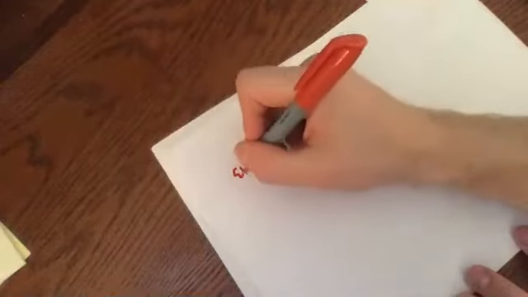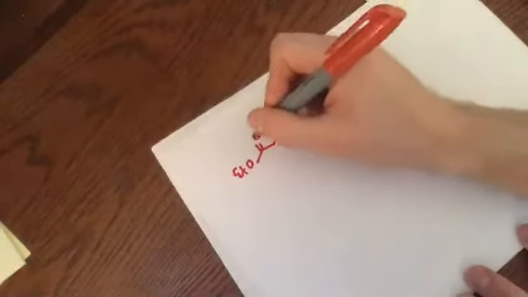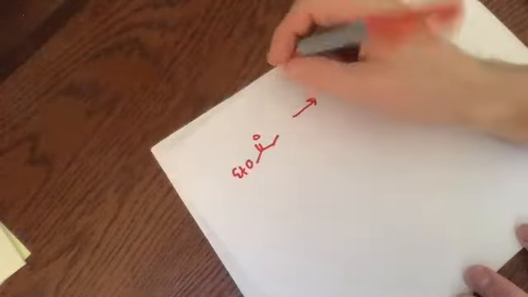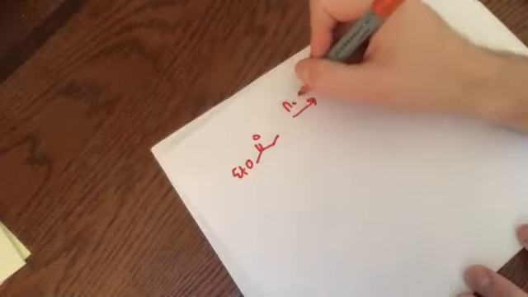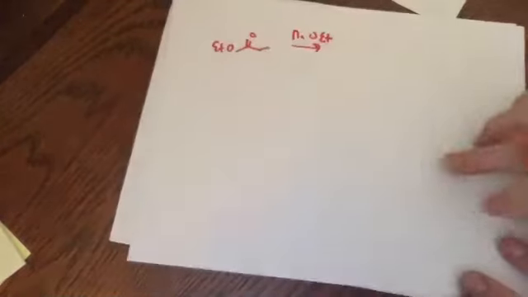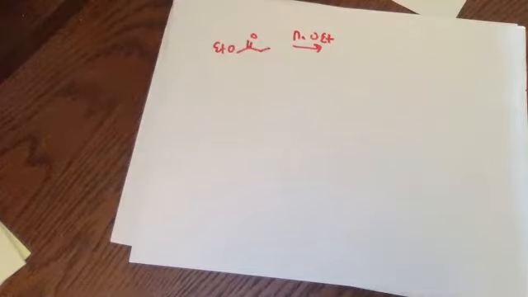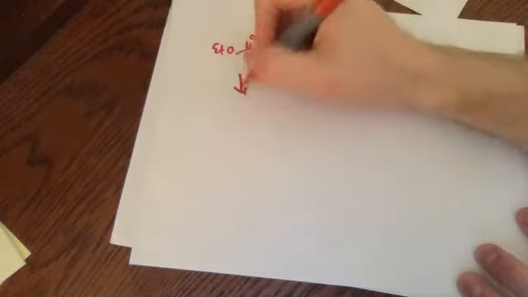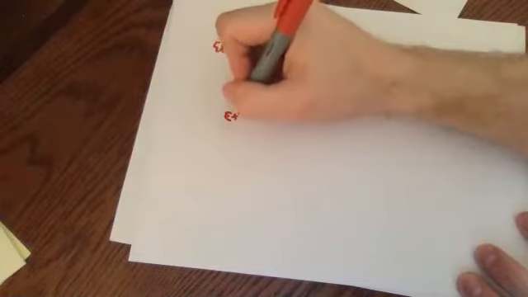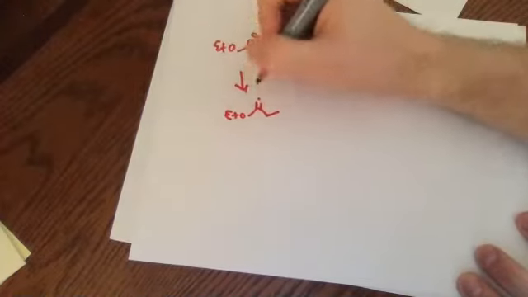All right, our next problem is going to be a Claisen condensation. We are taking this ethyl ester here, adding in sodium methoxide. We can generate an enolate.